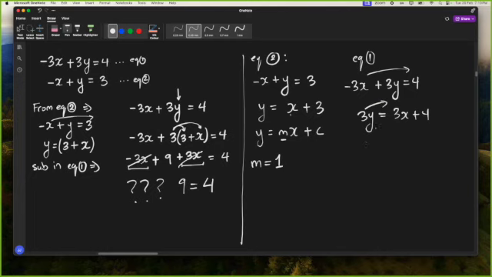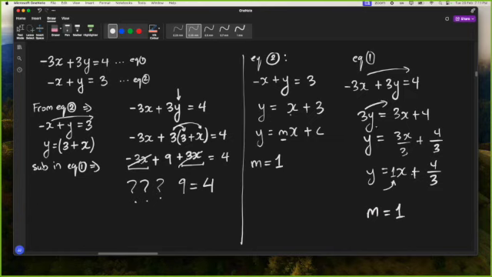I had to throw across this 3 to get y is equal to 3x divided by 3 plus 4 divided by 3. Everything divided by 3. So y is equal to x plus 4 on 3. I don't really care about what 4 on 3 is, but look, the number in front of x is also 1.